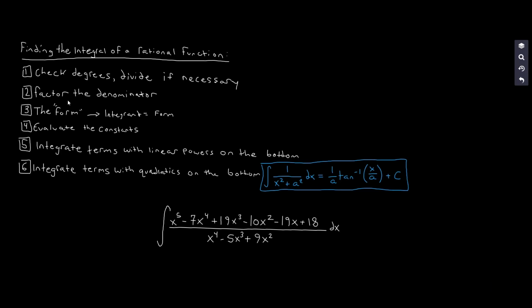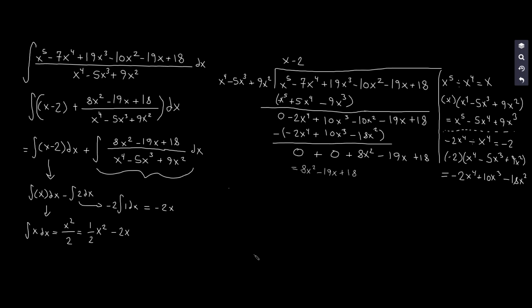So we have to move on to step 2, which is factor the denominator. So we need to factor that denominator. Okay, all right, we can, we will, we shall. So we have a quartic, raised to the power of 4, in the denominator. But it has an obvious factor of x squared.